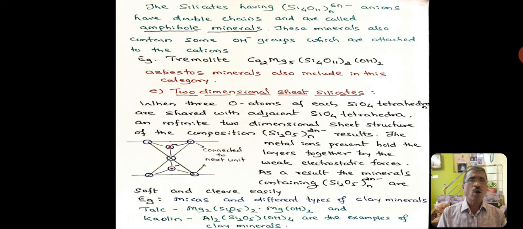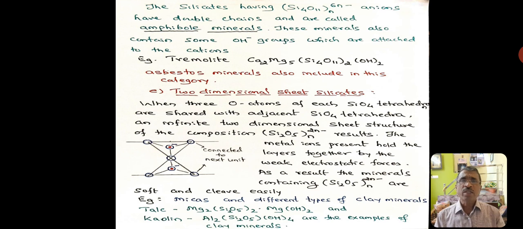The metal ions present hold the layers together by weak electrostatic forces. As a result, the minerals containing (Si2O5) n times 2n minus are soft and cleave easily. Here I have shown in the diagram.